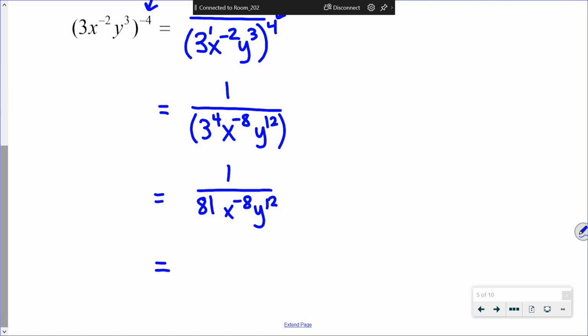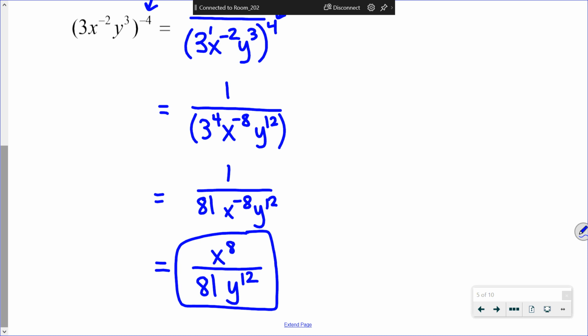So in the end, the x to the 8th is going to come to the top of this thing and join the number 1 that was there. So now I don't need to show the 1 anymore, because 1 multiplied by x to the 8th is just x to the 8th. And then I'm going to keep the 81 on the bottom where it belongs, and the y to the 12th on the bottom where it belongs. And this is the simplified final answer.